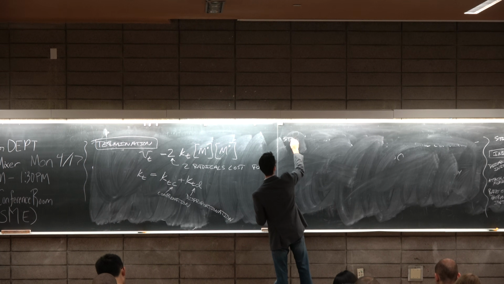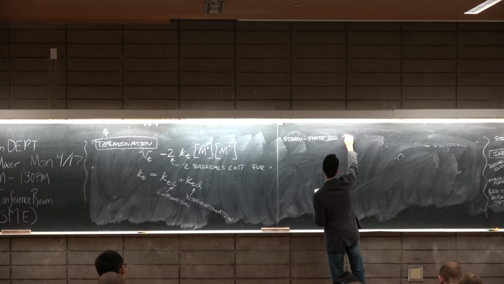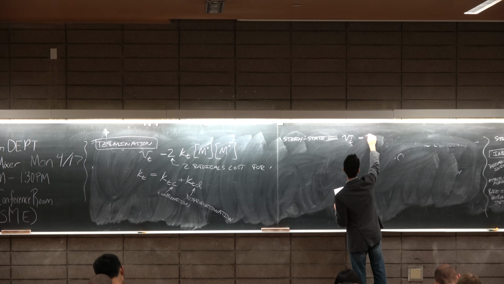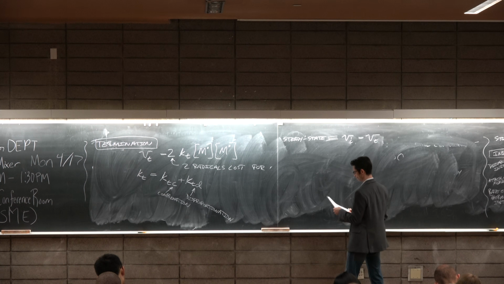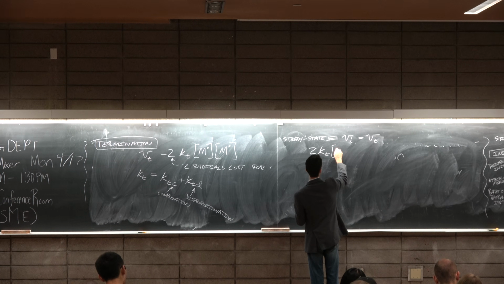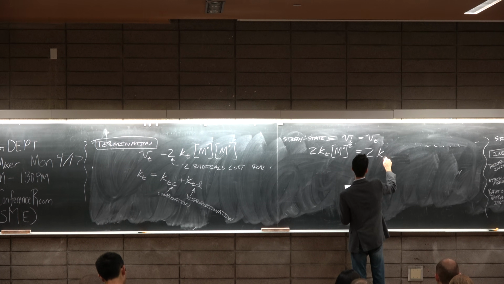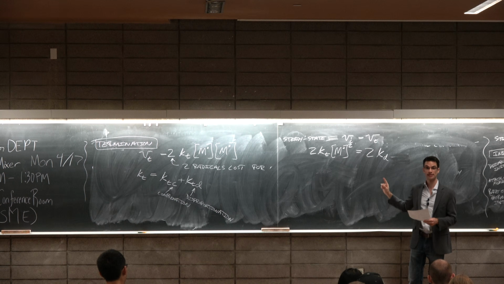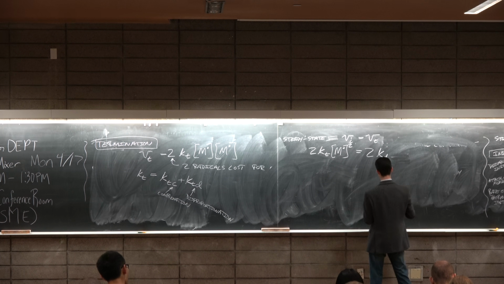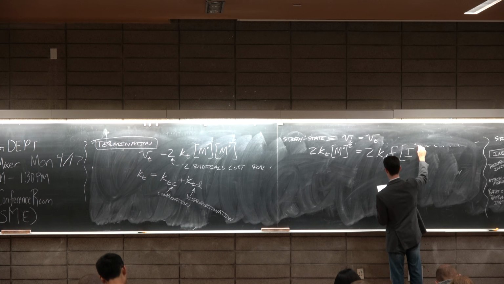Okay, the steady state assumption implies that the rate of initiation equals the rate of termination, which gives us 2 kT times the concentration of m dot, the growing chain ends, squared, equals 2 kd, where d is the dissociation rate constant for the dissociation of the initiator, times the initiator efficiency times the concentration of the initiator.